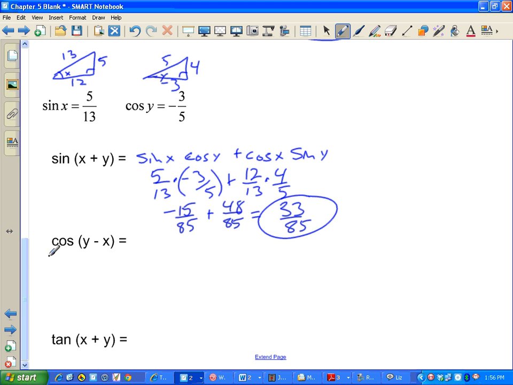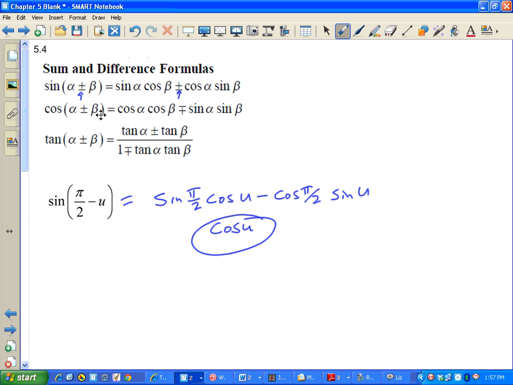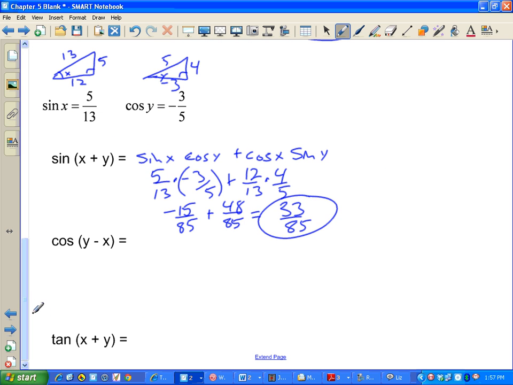Cosine of y minus x. So the cosine formula, remember, is inverse. And we do cosine, cosine, sine, sine. So cosine of y, cosine of x, plus, because it's the opposite of that, sine of y, sine of x. So cosine of y is negative 3/5.